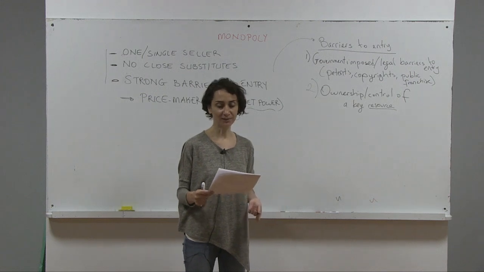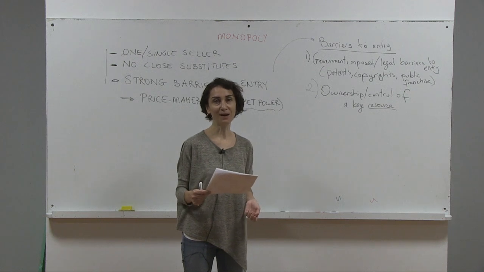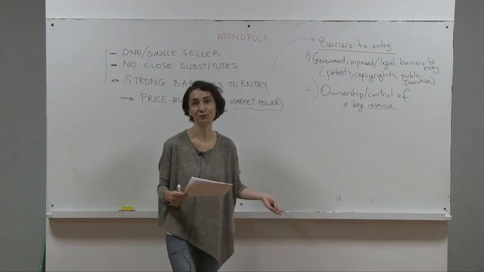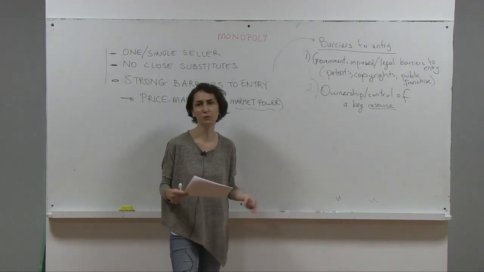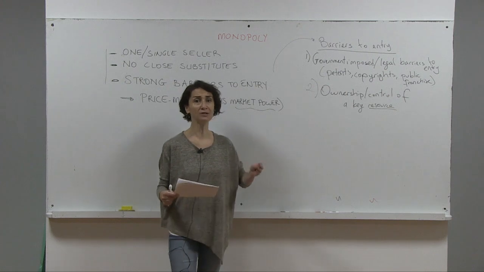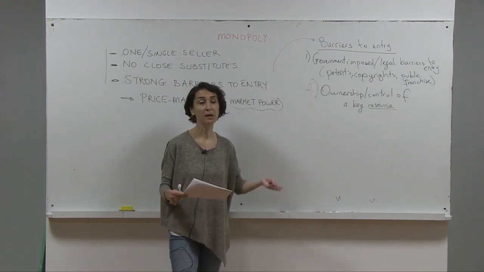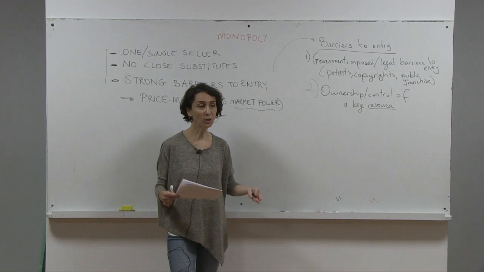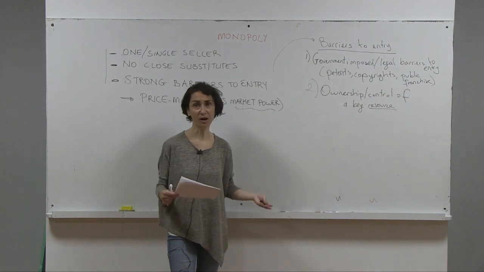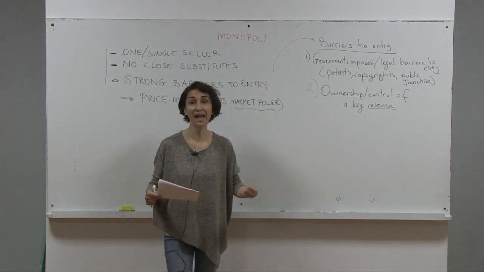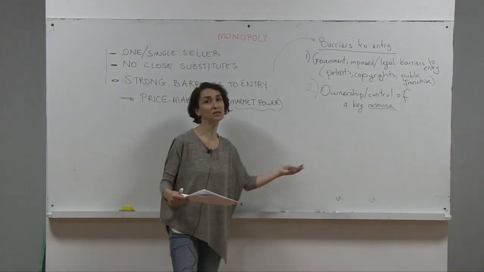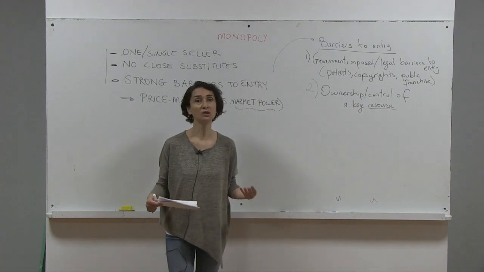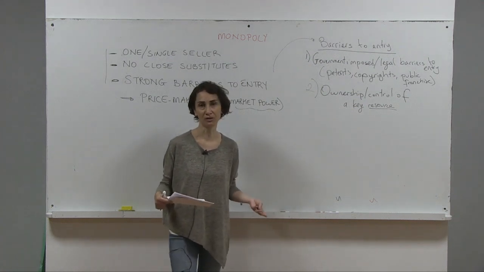So De Beers, the famous company of diamonds, has access to diamonds. And if it is making a lot of profit, other firms see this, they want to enter into this business, but because they don't have the property rights, because they don't have any land that has diamond, they cannot enter into this business, even though there are no legal barriers to entry, right?